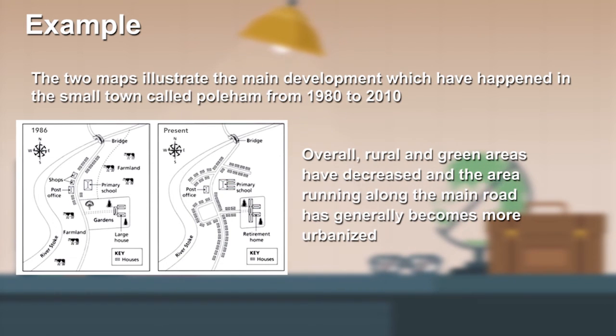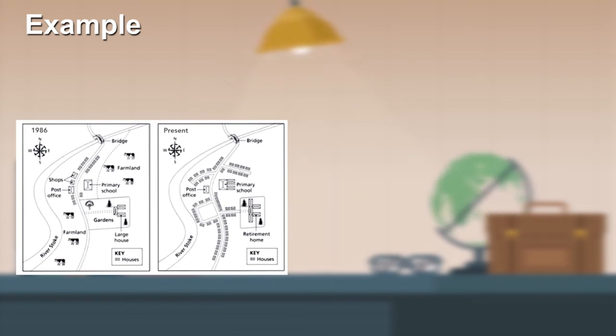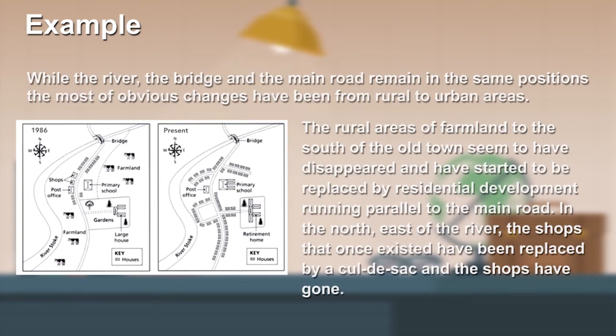Overall, rural and green areas have decreased and the area running along the main road has generally become more urbanized. While the river, the bridge and the main road remain in the same position, the most obvious changes have been from rural to urban areas.